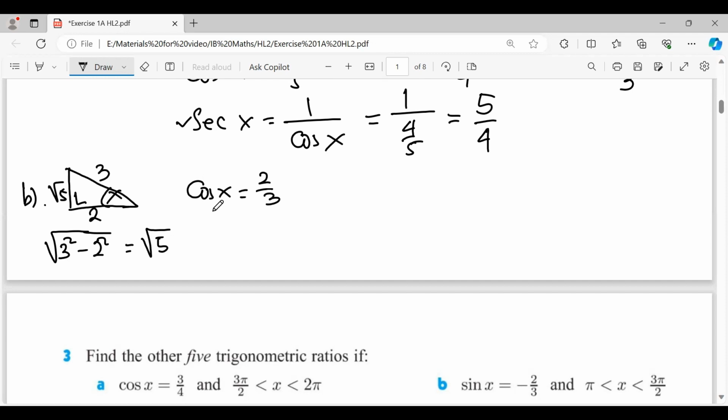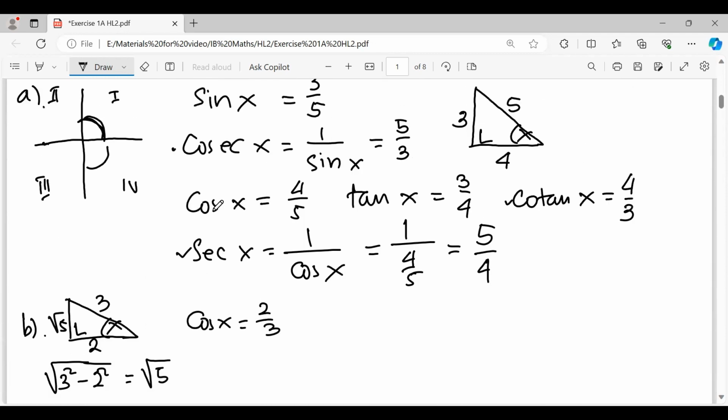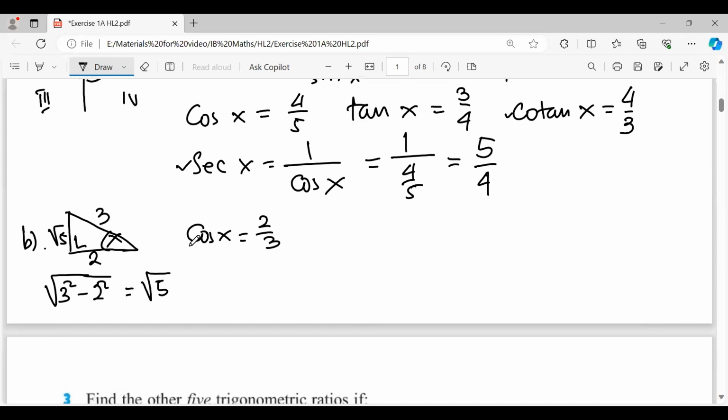And then on quadrant 4, the value of sine is negative. The value of sine is negative. So sine x equals negative root 5/3.